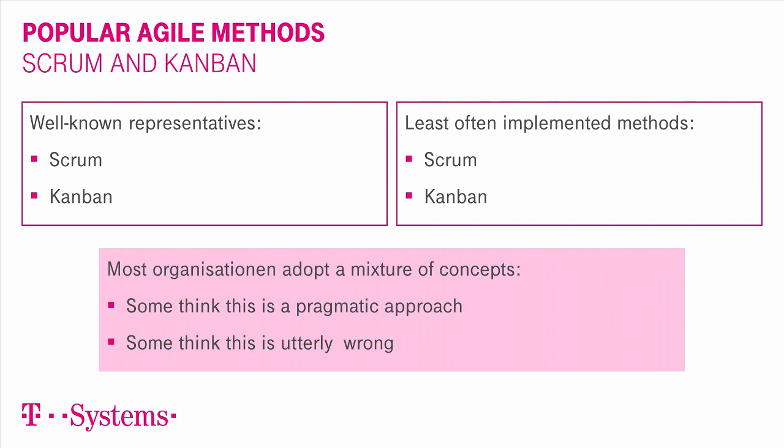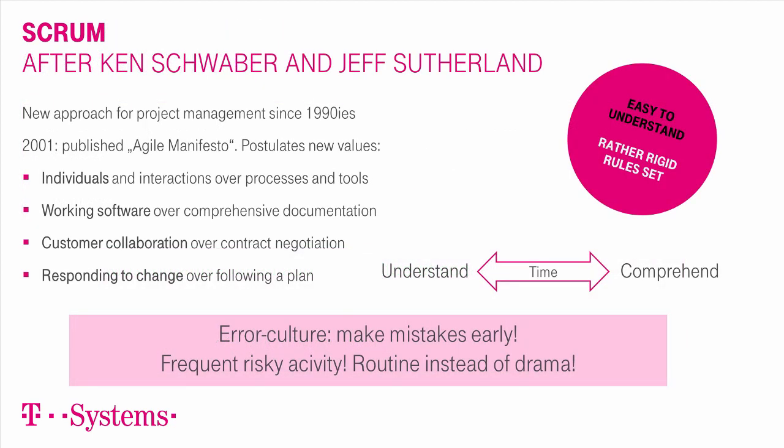We like to advise you to start with the pure thing at the beginning and then go for subtle modifications in the process. This is the best proven way to start with agile methods. So let's dive a little bit into Scrum, the probably most often adopted agile framework.